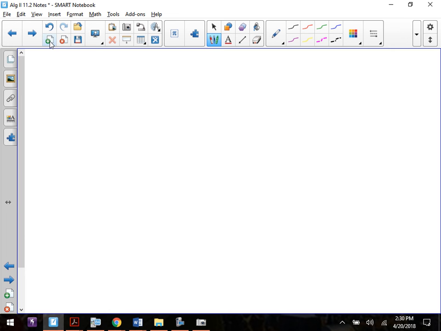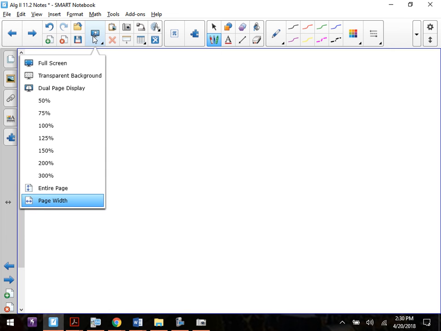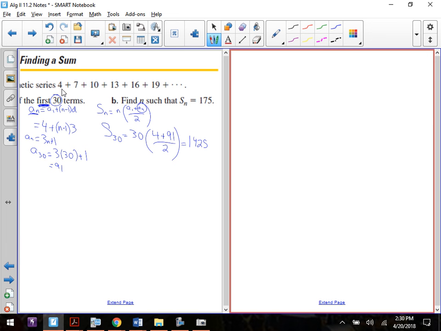So if I'm going to figure out how many I have to add together, what this means is how many in that sequence do I have to add together to make the sum equal to 175? So what we do is we know that we're going to use the sum of some amount of them, first term plus last term, over 2.